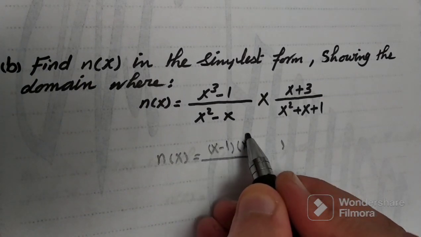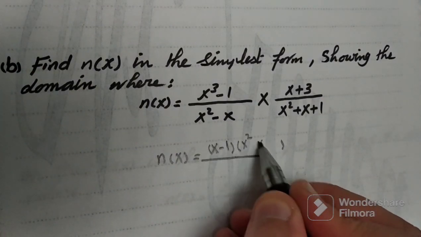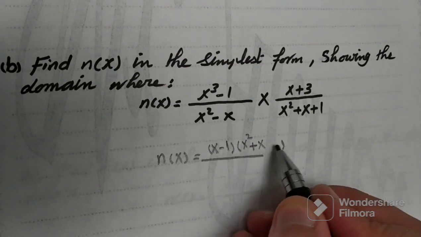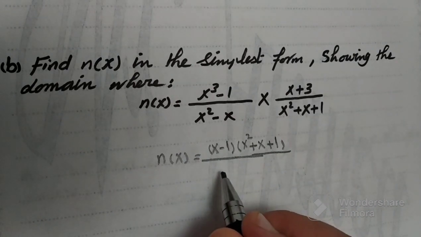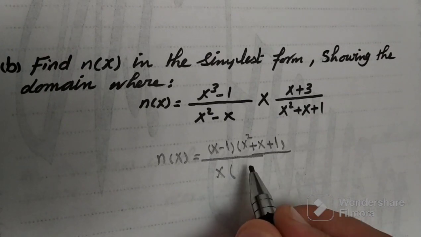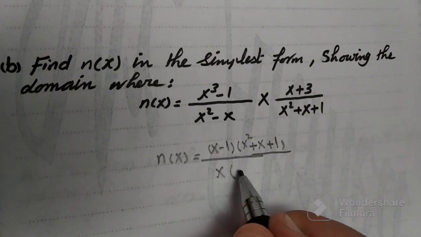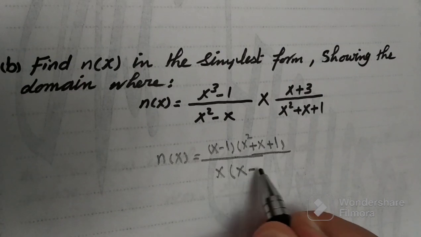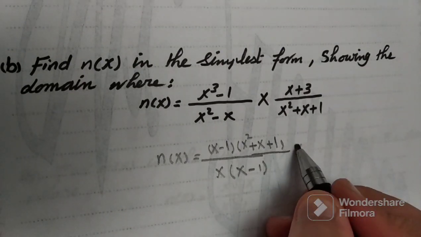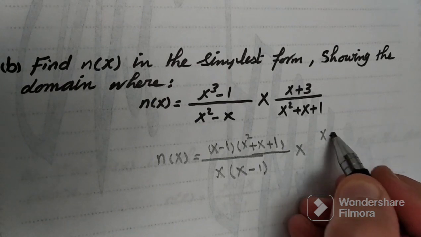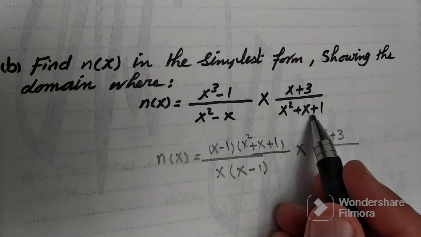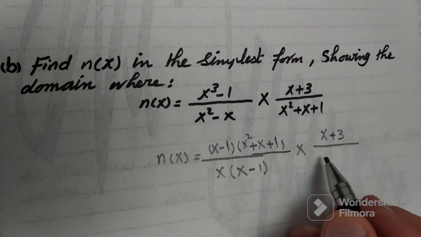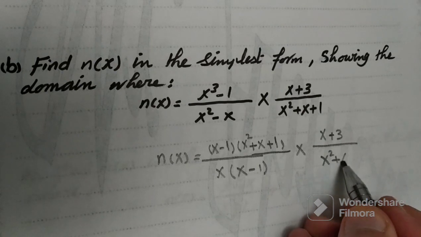The first power 2, first multiplied by second x with different sign, second power 2, it's always positive. x squared minus x, take x as a common factor. x squared divided by x equals x, x divided by x equals negative 1, multiplied by x plus 3 over two numbers, the product of them equals 1 with sum of them equals 1, does not exist, x squared plus x plus 1.